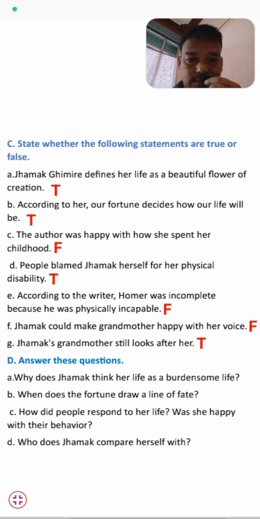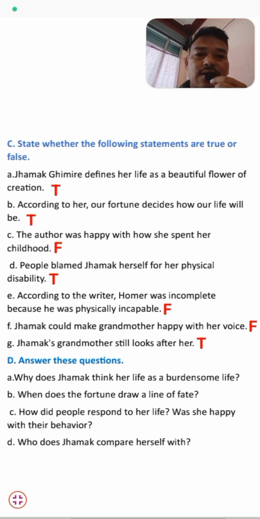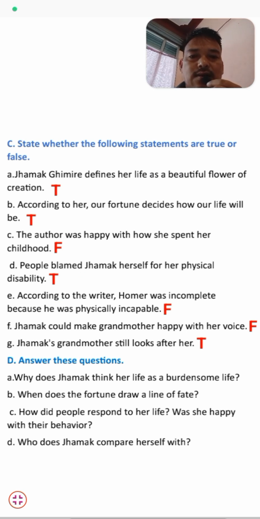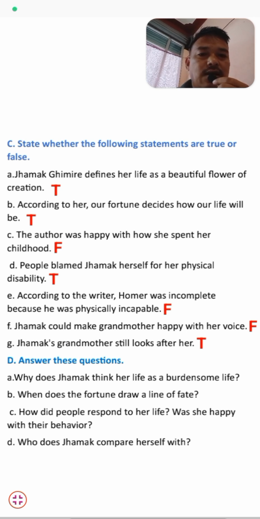Yes, it's true. People always used to blame Jhamak Kumari herself for her physical disability. E: according to the writer, Homer was incomplete because he was physically incapable. No, it's a false statement.